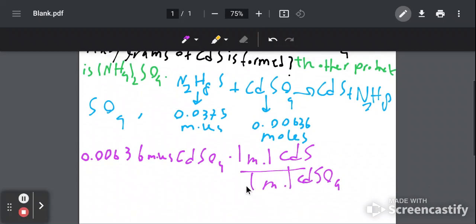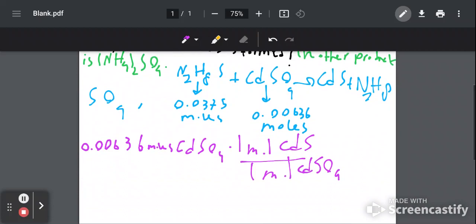Then, since we want the amount in grams, we multiply by the molar mass of cadmium sulfide.